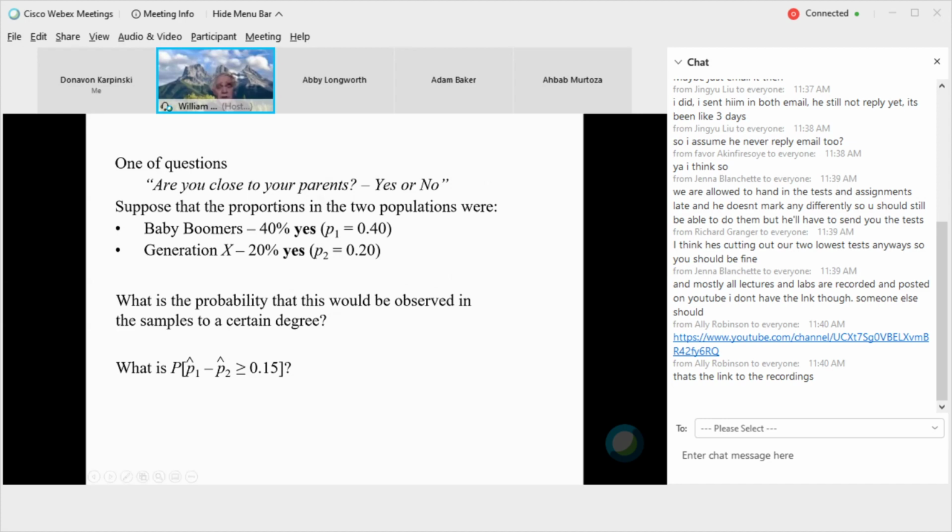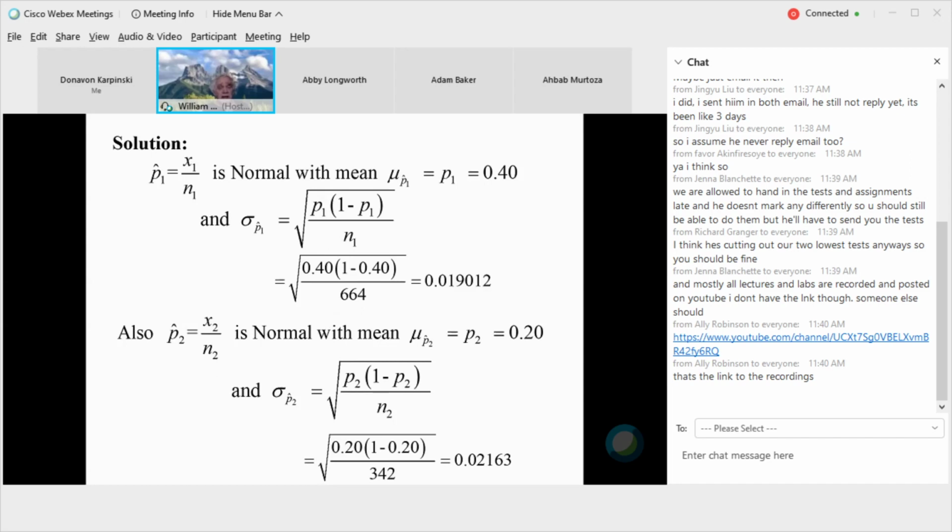We'd expect the difference in the sample proportions to be around 0.20. What's the probability that P1 hat minus P2 hat would be greater than or equal to 0.15? So again, we find the distribution of P1 hat. There's the mean, 0.40. There's the standard deviation.